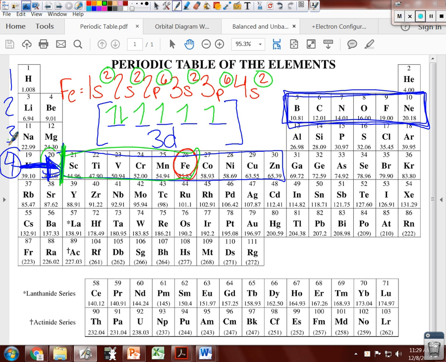Because do you agree, if you had to write 1s2, 2s2, 2p6, 3s2, 3p6, 4s2, 3d10, 4p6, 5s2, 4d10, 5p6, 6s2, 4f14, 5d10, that gets a little cumbersome. There is a modified version that shortens it up, where you will at most only write 3 parts.